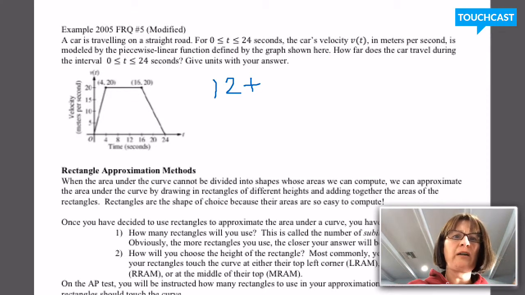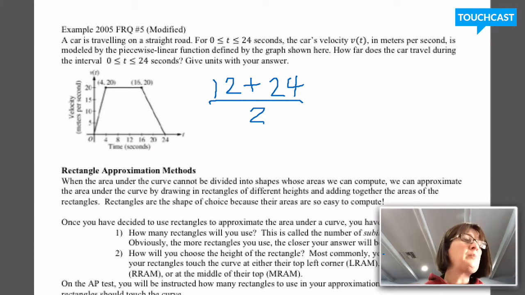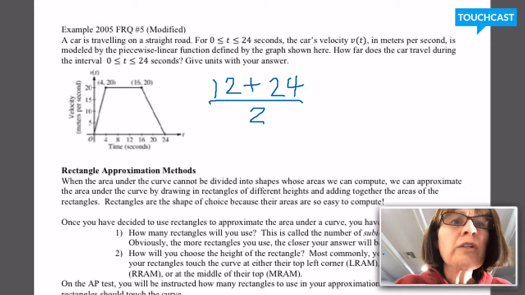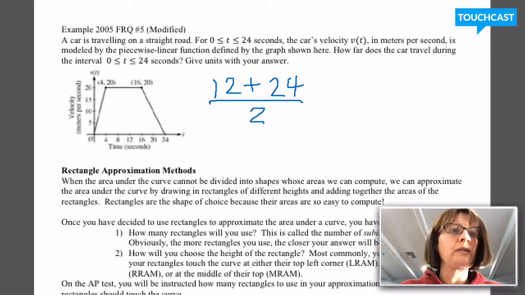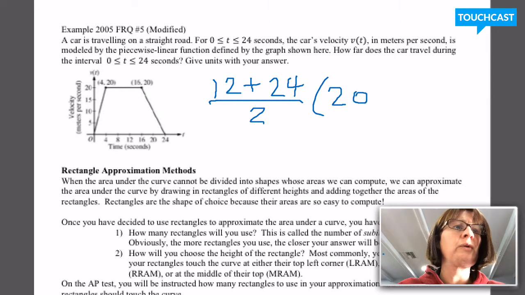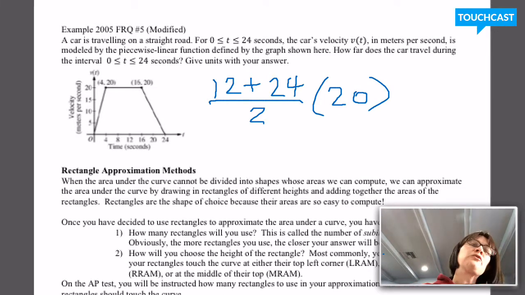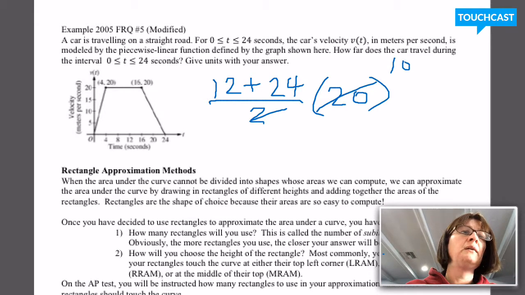The distance across the bottom, that goes from 0 to 24, so 24. I'm going to find the average of those. I'm going to multiply by the other dimension. In this case, we could think of it as the height. So those 2 points there, they have a y-coordinate of 20. The height of this trapezoid is 20. So I get 12 plus 24 times, these guys can cancel out to leave me 10. So that's 36 times 10, 360 meters is the answer.